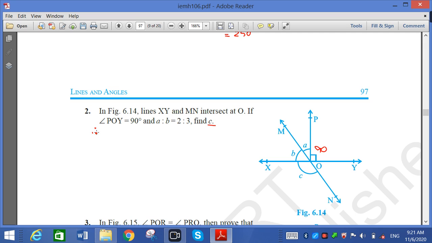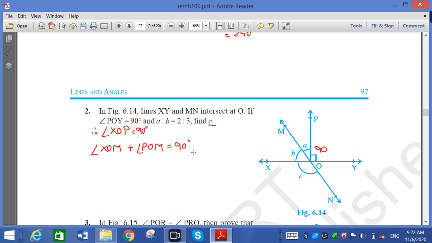Therefore angle XOP is also 90. Now XOP means which angles? XOM. So angle XOM plus angle POM is equal to 90 degrees.